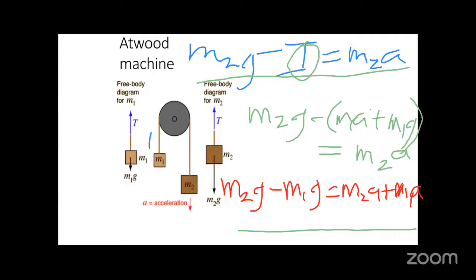Here we have G common, so we can write G into M2 minus M1 is equal to A into M2 plus M1.